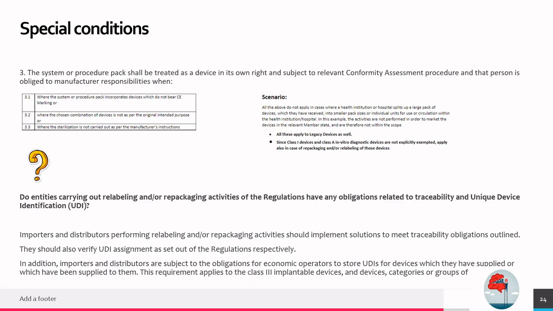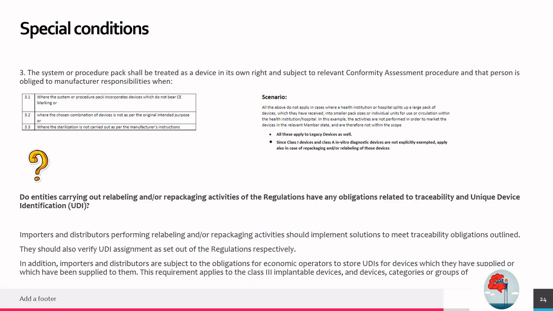So, in this scenario, all the above, meaning 3.1, 3.2 and 3.3, do not apply in cases where a health institution or hospital splits up a large pack of devices which they have received into smaller pack sizes or individual units for use or circulation within the health institution.